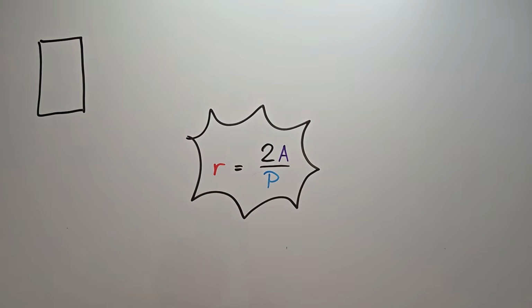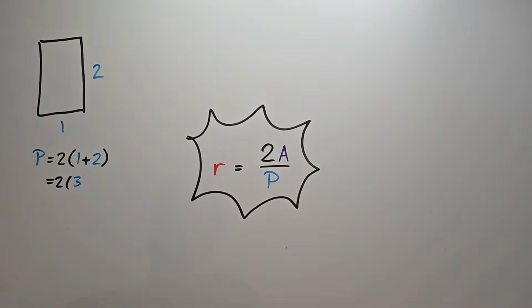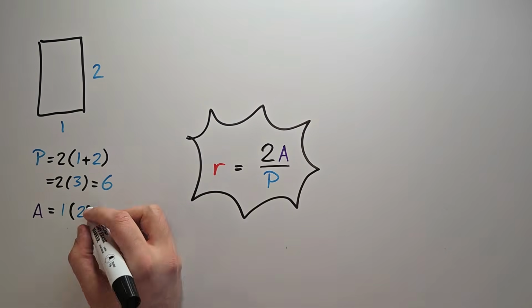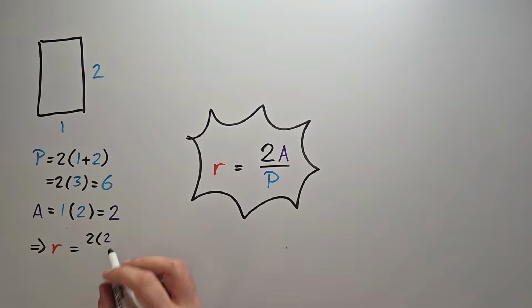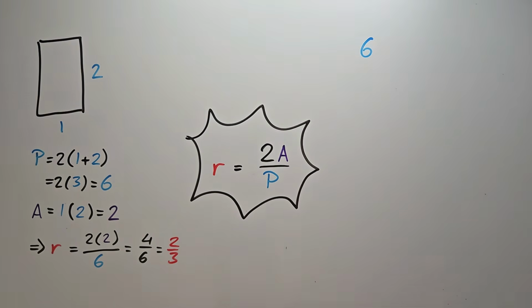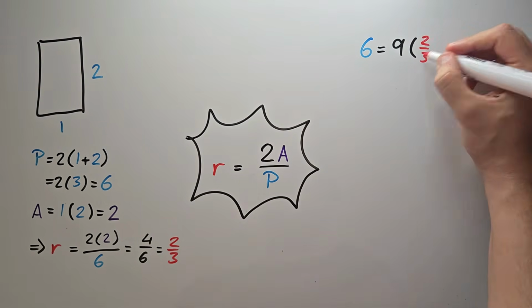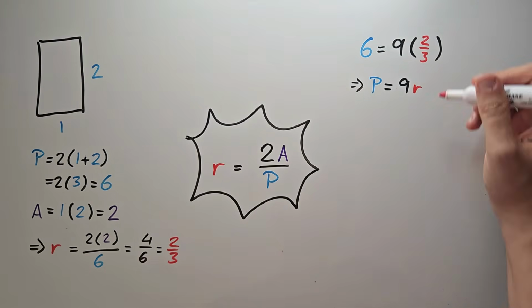Here we have a rectangle with side lengths of 1 and 2. Thus its perimeter is 2 times 1 plus 2, which is 2 times 3, which is 6. And its area is 1 times 2, which is 2. By plugging these numbers into our radius formula, we see that the radius should be equal to 2/3. We see that 6 is equal to 9 times 2/3. Thus the perimeter is equal to 9r.